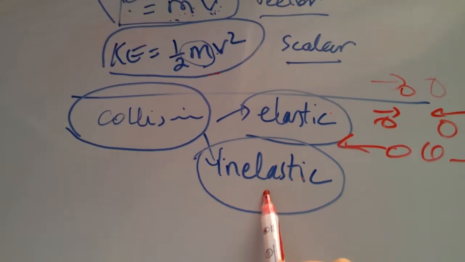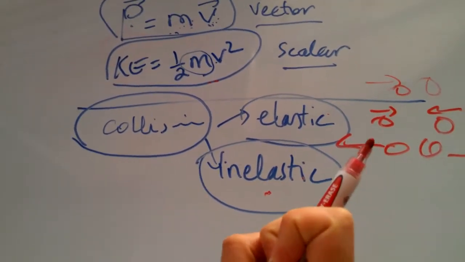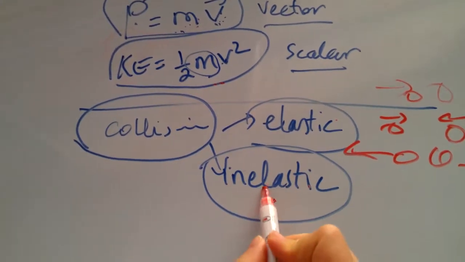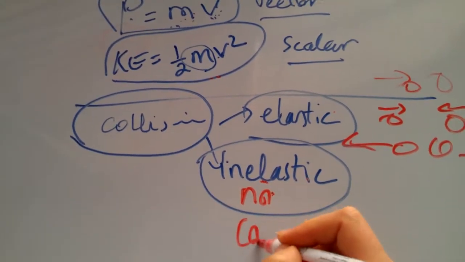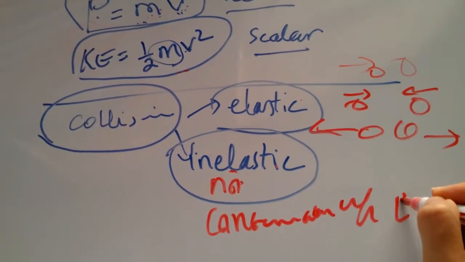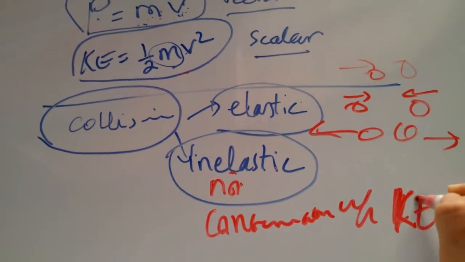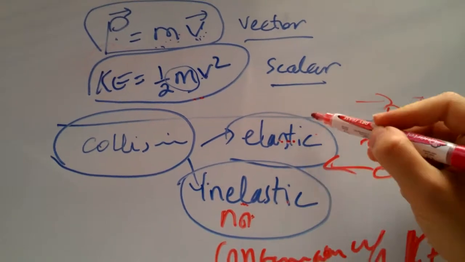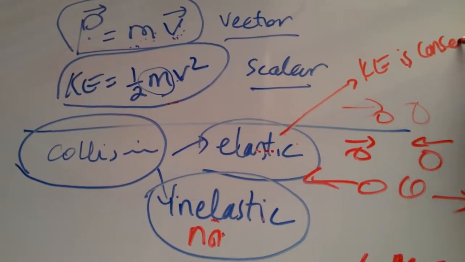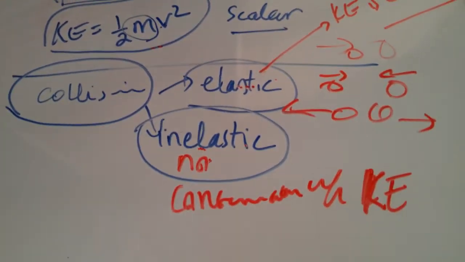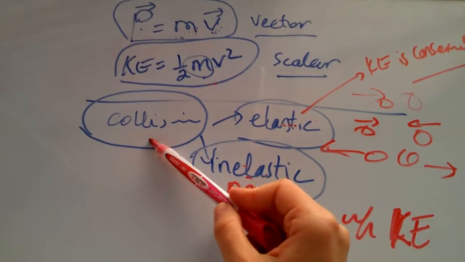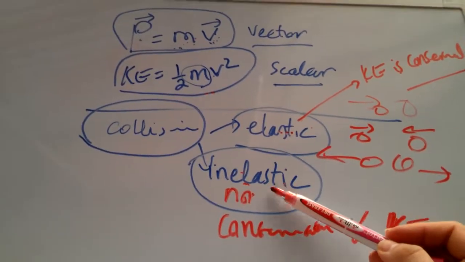These are collisions where the objects hit each other, get together, and probably stop. In these, there is no conservation of kinetic energy. But in elastic collisions, the kinetic energy is conserved. So this is the difference between the two categories of collisions, elastic and inelastic.